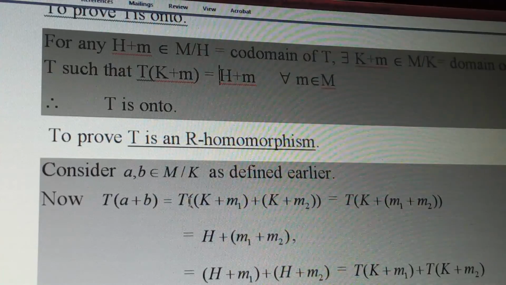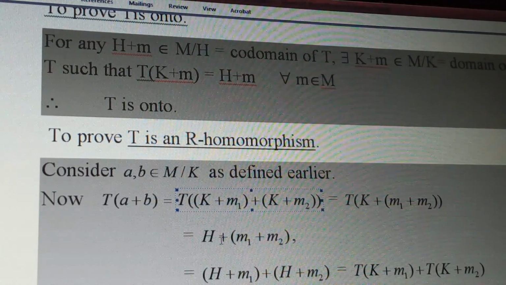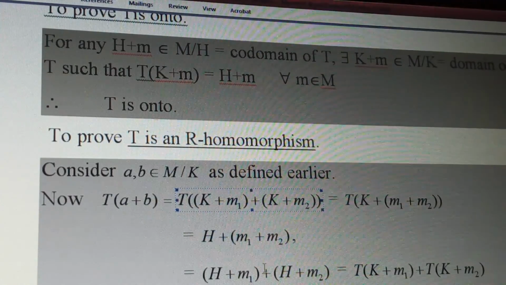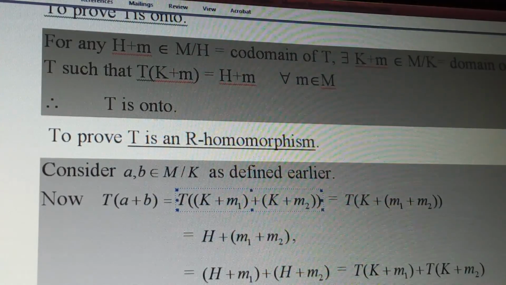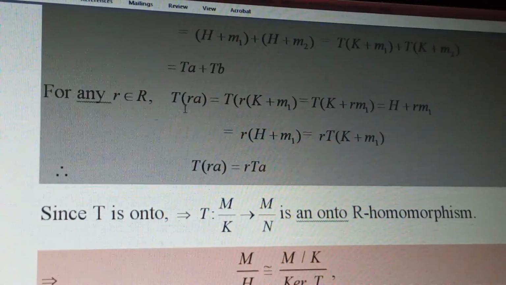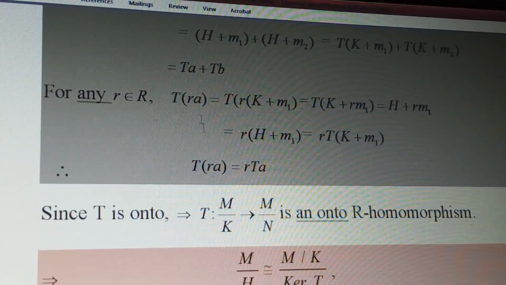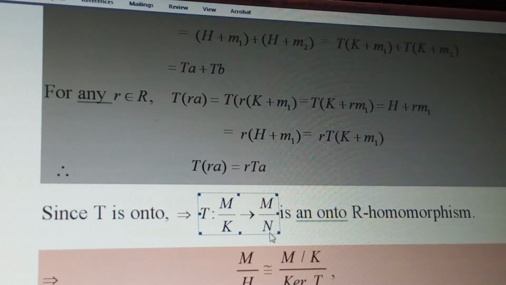Substituting the values of A and B, T(A + B) is equal to T(K + m1 + m2), which by the definition of the mapping is H + m1 + m2. Expanding, this is (H + m1) + (H + m2), which equals TA + TB, so T(A + B) = TA + TB. The same condition holds for scalar multiplication, so T(rA) = rT(A). Since T is onto, T is an onto homomorphism from M/K to M/H.